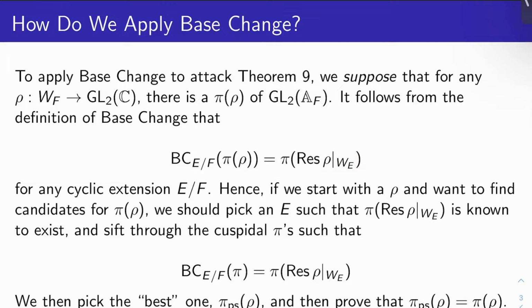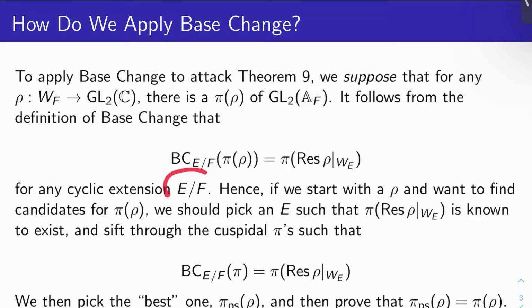Remember, base change is trying to relate bumping up representations of GL2 of the adeles to representations restricted down to smaller Weil groups. So this is exactly what we get by definition.